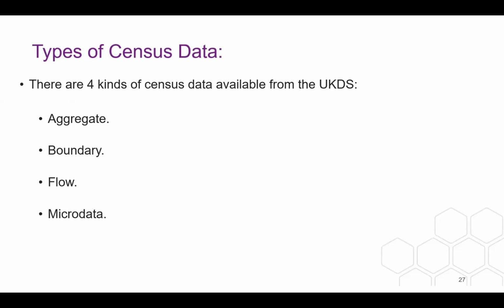Aggregate data provides counts, usually of individuals or households with particular characteristics for an area. These areas may be large or small. The benefit of having census data is that it allows you to be very flexible. So you may want to produce tables and graphs based on a very small population.